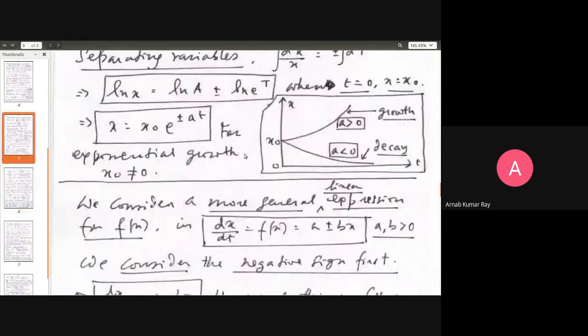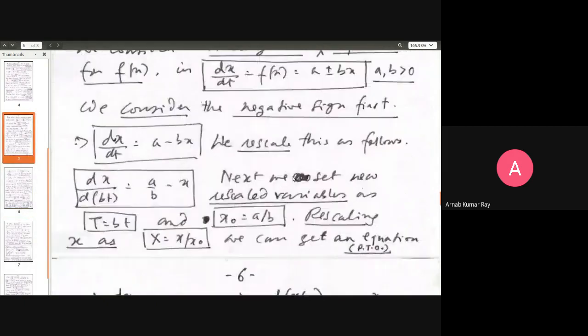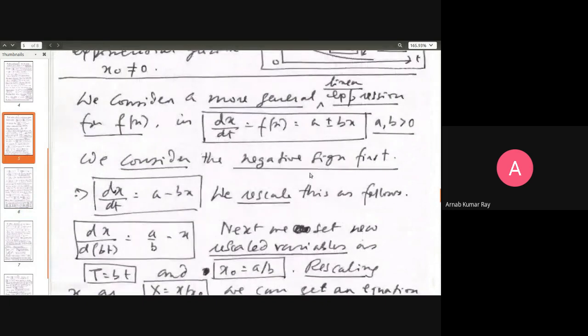Let us see. Here is our equation. dx dt is equal to a plus minus bx. If you look at it dimensionally, if this is dx dt, then a must have the dimension of x by t, whatever x is, right? x upon time. And here you have bx, which will also have the dimension of x by t, because you are adding two things.